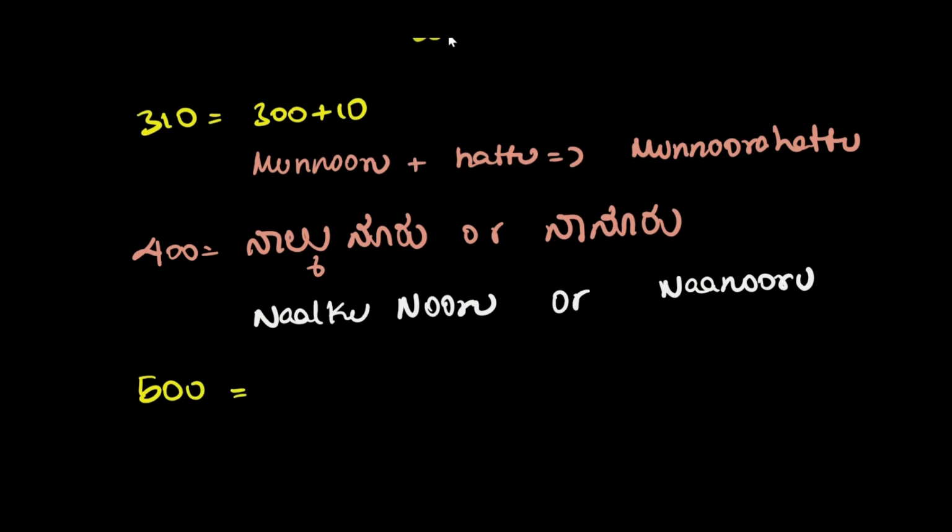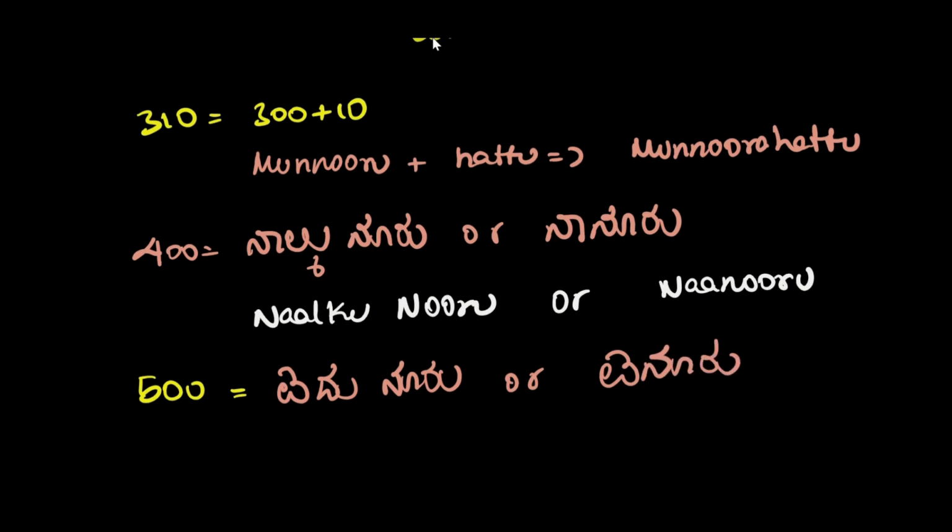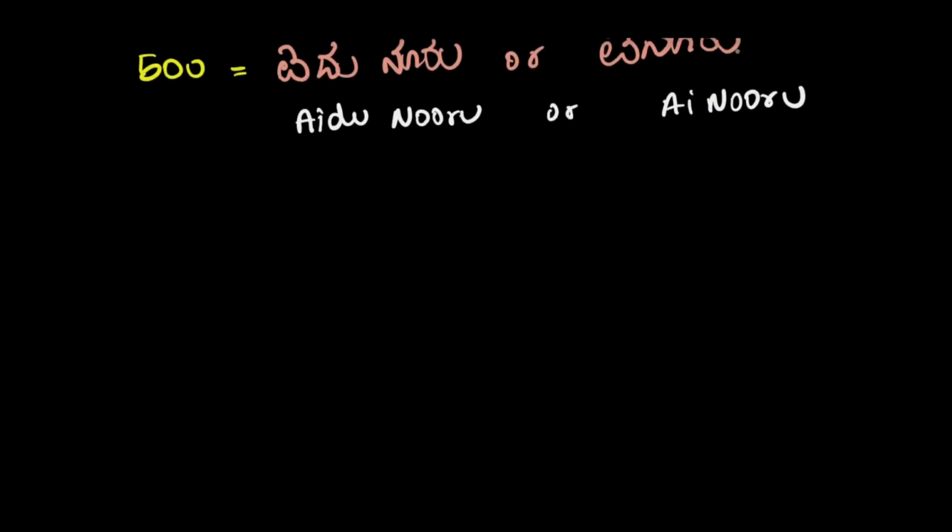Then comes 500. 500 is pronounced as Aidu Nooru. Aidu means 5, and 100 is Nooru, or I Nooru. Aidu Nooru is fine, and I Nooru is also okay to use.